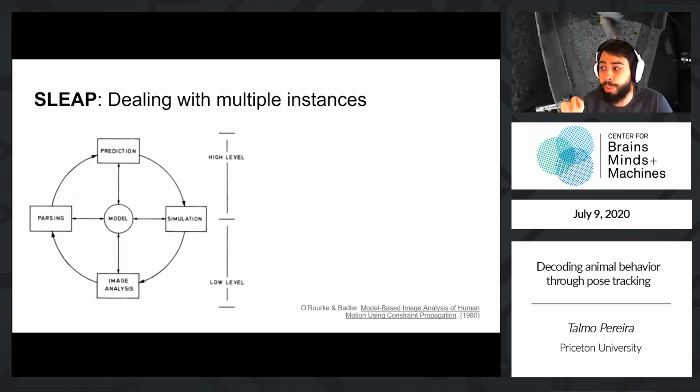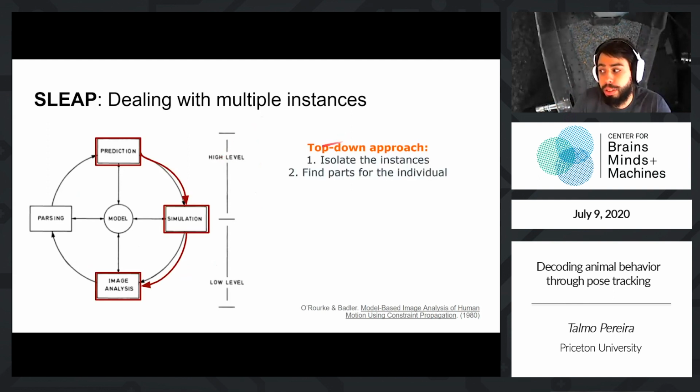So first, the problem of dealing with multiple instances. There's a set of very principled approaches that come from classical computer vision, in which they break down into either a top-down approach, in which basically you begin by predicting something about a high-level description of your system, in this case our animals, to in some sense simulating what would happen if we isolated the instances.